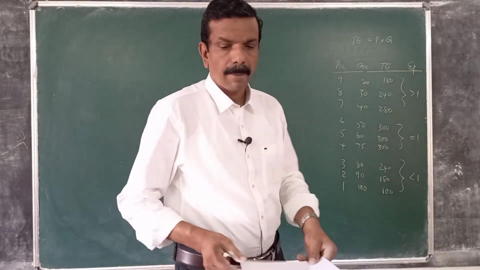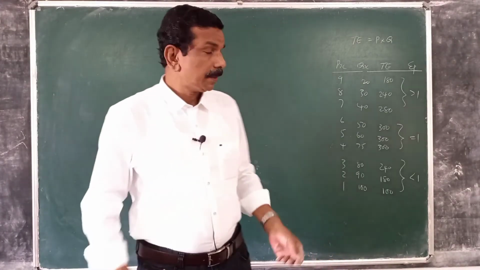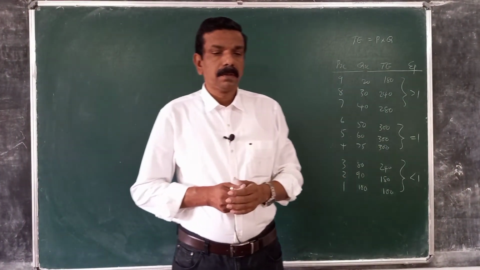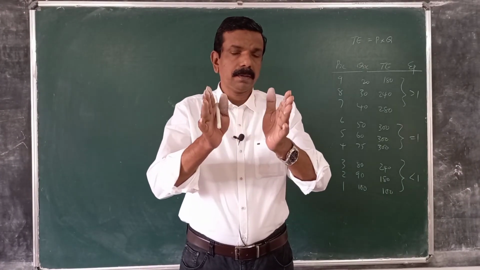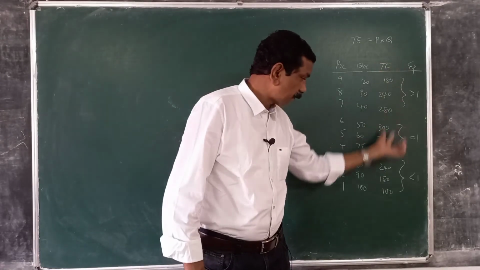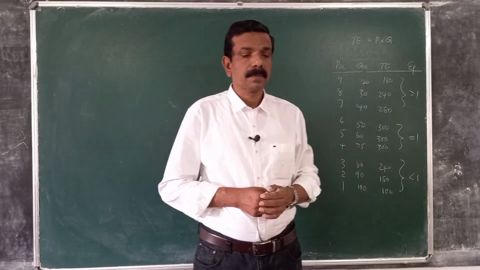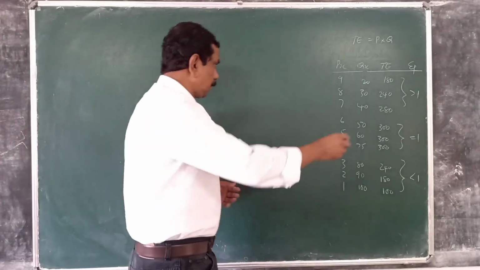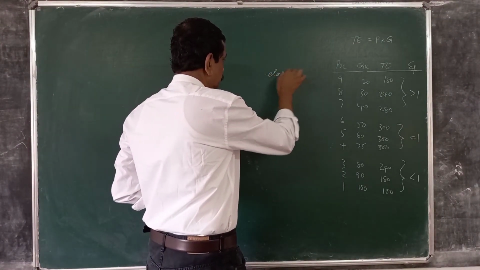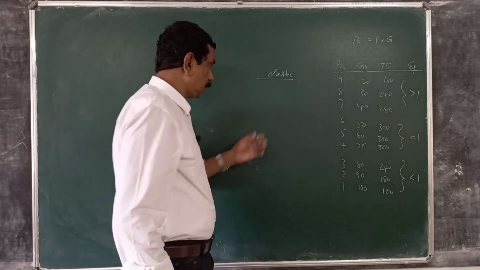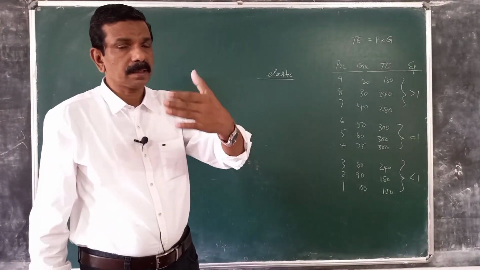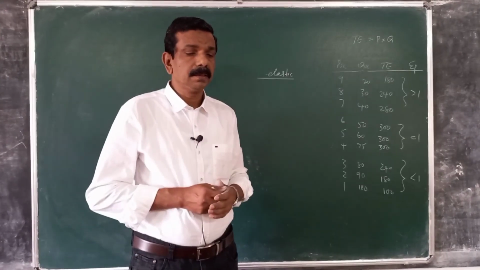Now, let me define elasticity using the concept of total expenditure. Demand is said to be elastic. The meaning of elastic, inelastic, unitary elastic, etc. will be discussed in the next session.